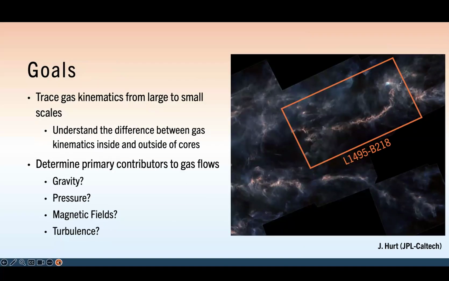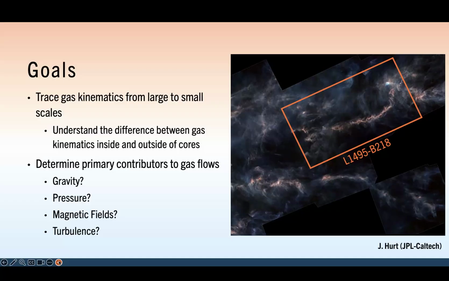We'd like to look at how gas goes from large to small scales, and also understand the difference between the gas kinematics inside of these cores and in the gas surrounding them. We'd also like to know the primary contributors to these gas flows. So I should mention, and I've mentioned this briefly before, that Taurus is generally a low mass star-forming cloud.